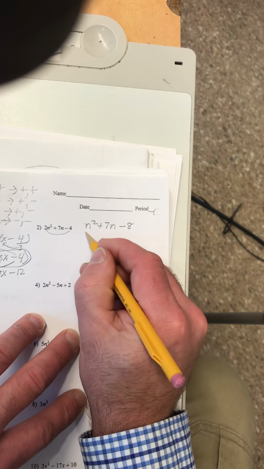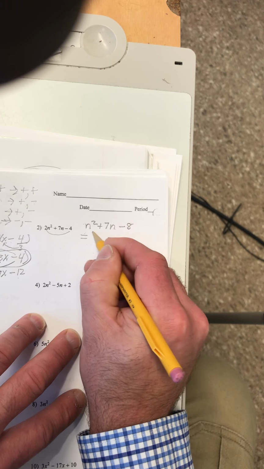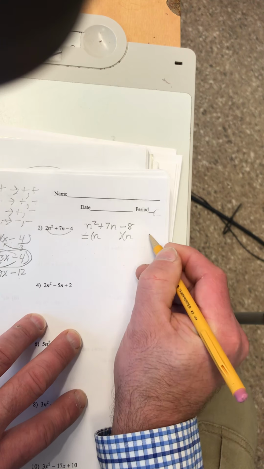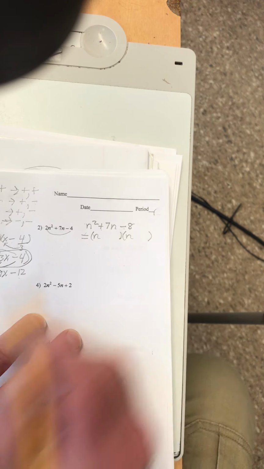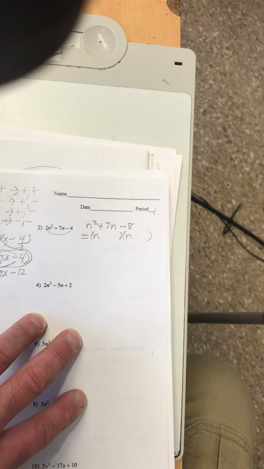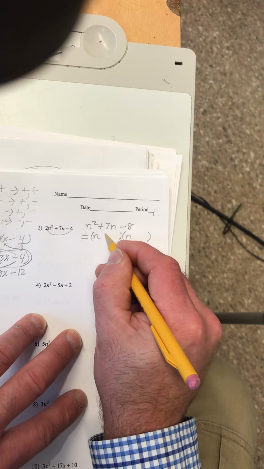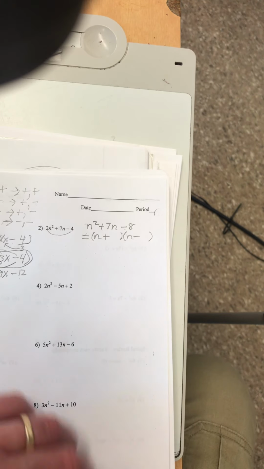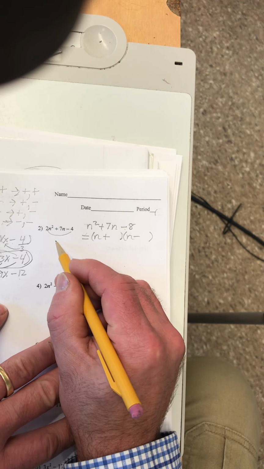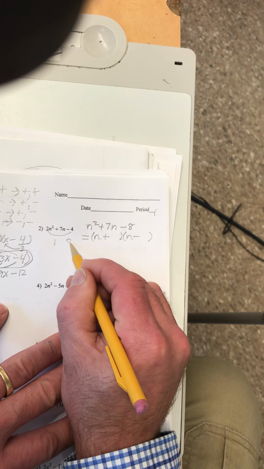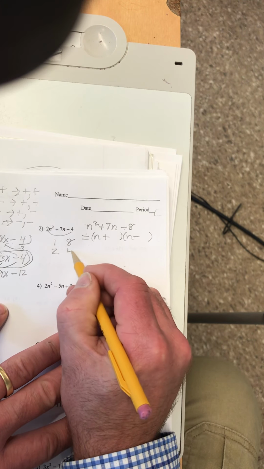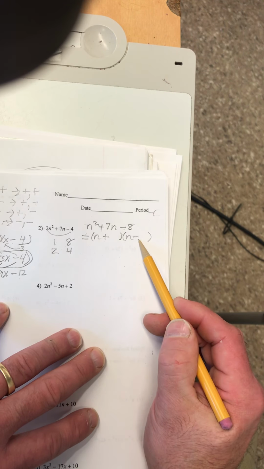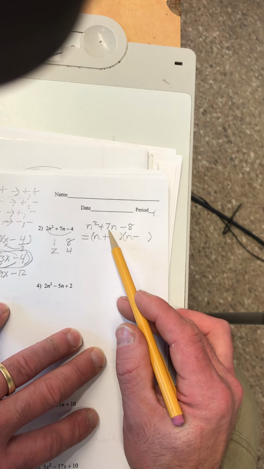Now, we know this is going to factor into n and n. It's a plus minus again, so a plus minus gives us a plus minus. Now, the two factors that multiply and make negative 8 are either 1 and 8 or 2 and 4. One's going to be positive, one's going to be negative, and we're trying to get a positive 7n.